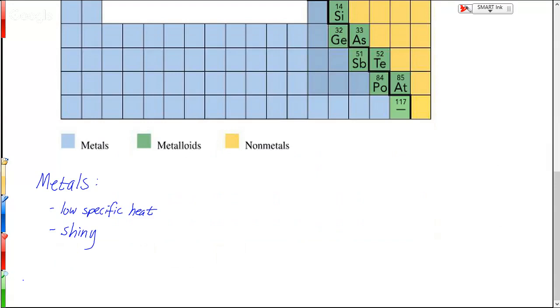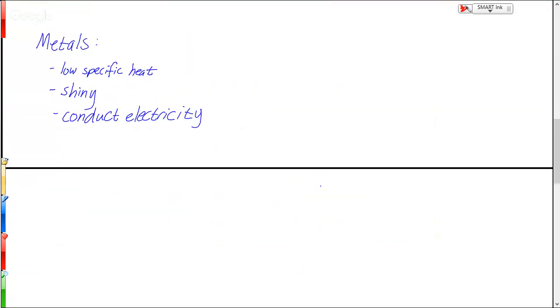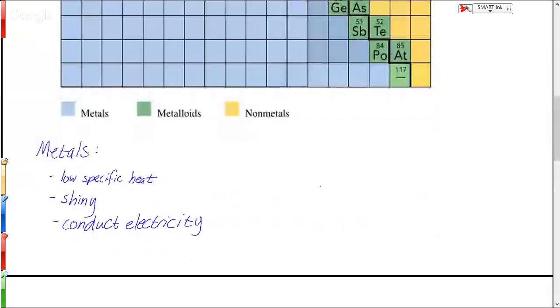All right, well, one thing is metals conduct electricity. That's why we make wires out of them. So metals will pass an electric current with very little resistance. So they work well as wires.